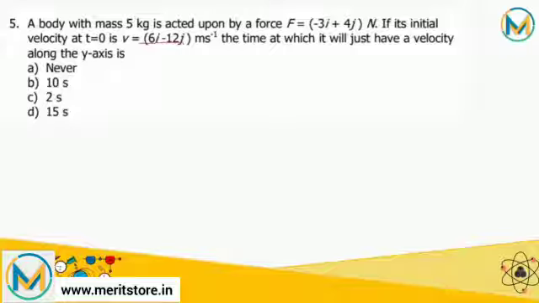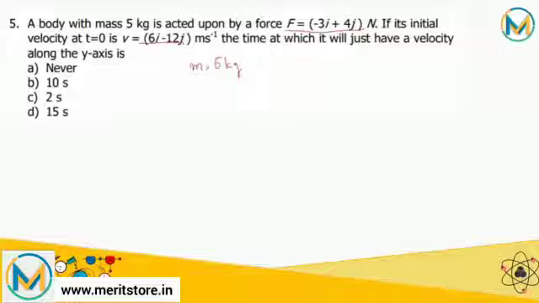So here, according to this problem, mass given m equals 5 kg. Then the force acting upon the block is given, F equals minus 3i plus 4j Newton. Then initial velocity at t equals 0 is given, 6i minus 12j meter per second.